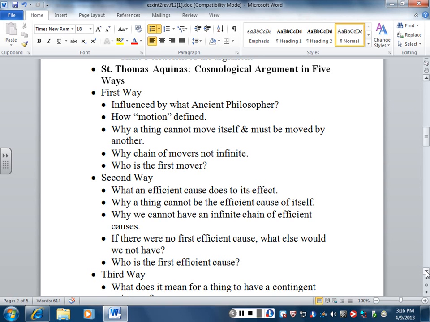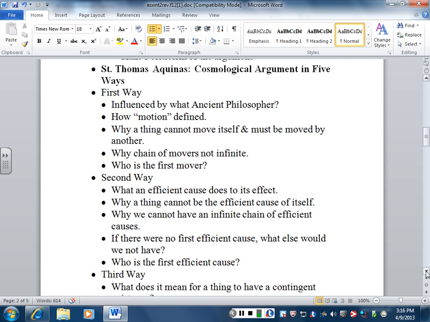But that's not going to happen. That's an impossibility. That's an absurdity that something would exist before it exists, right? So he says we can rule out that things bring themselves into existence, much like the steady state theory thought. So that's why he says a thing can't be the efficient cause of itself.